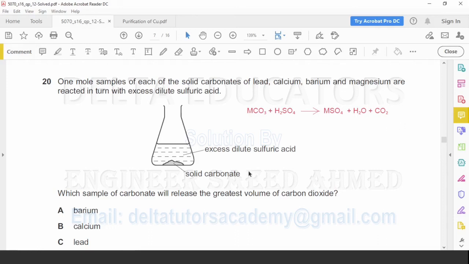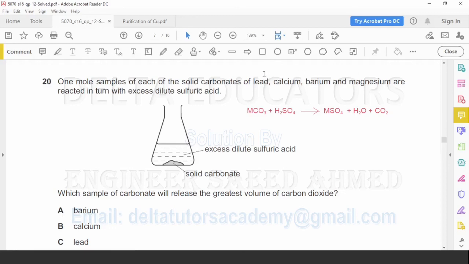But here it is asked where we will get the greatest volume of carbon dioxide. To find that out, we have to check the solubility of the metal sulfate. Where the metal sulfate is more soluble in water, there is more probability of completion of reaction. So where the probability of completion of reaction is more, we will get more carbon dioxide.